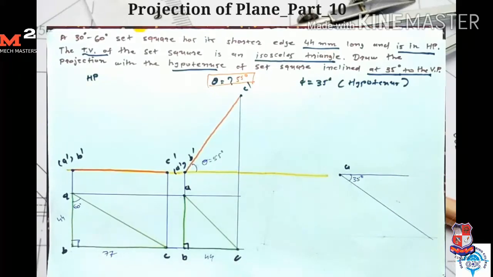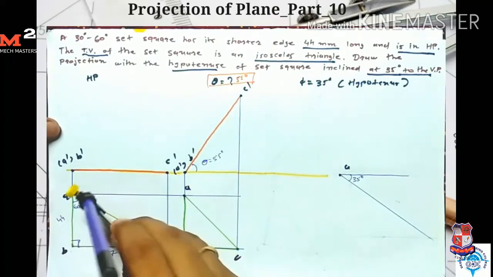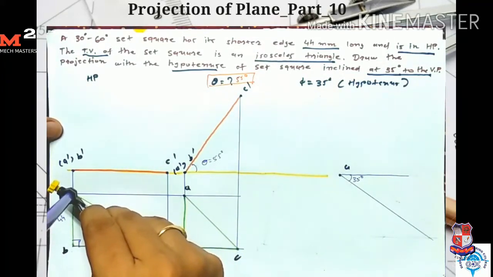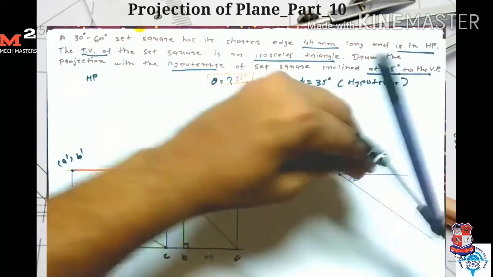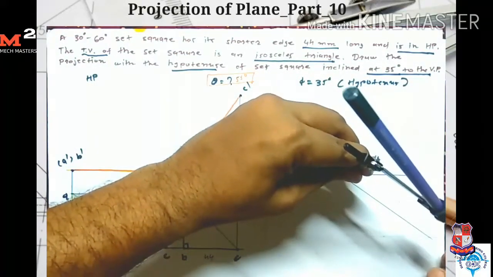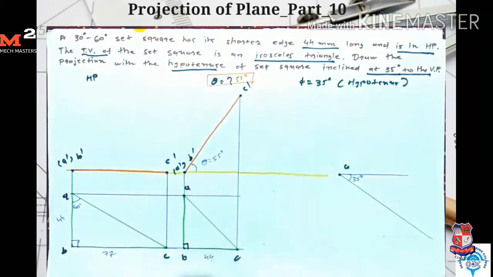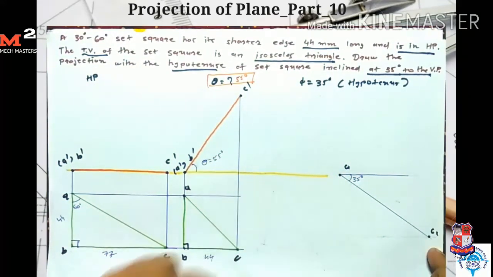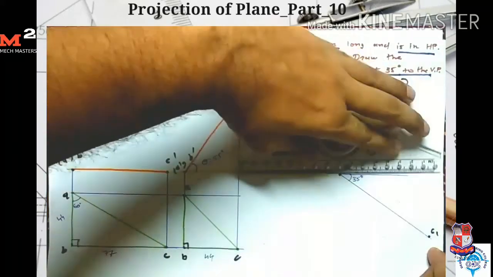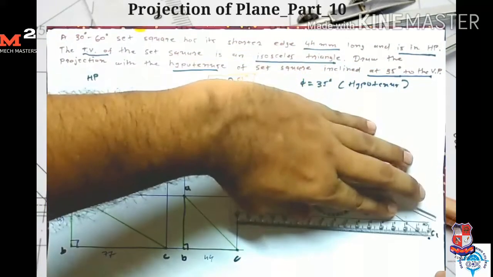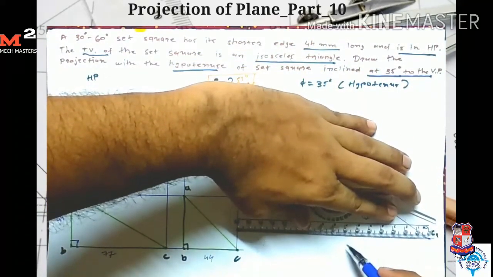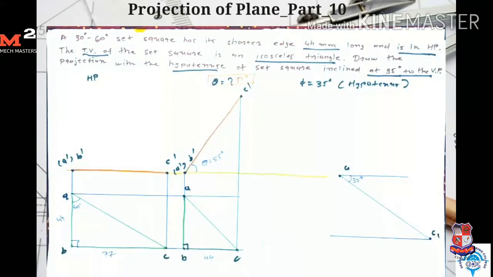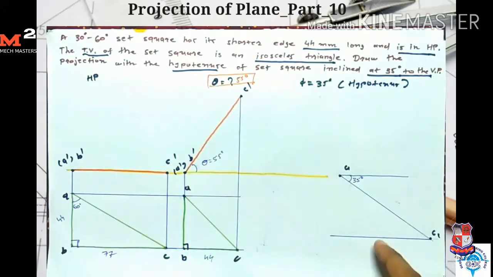Now I measure this length AC in the first stage, because the 35 degree angle is given for this length. I take A as the center and draw one arc which intersects here. So here I get my point C1. Now from point C1 I draw one line parallel at here. This line gives me the locus for point C. I get my C point on this line.